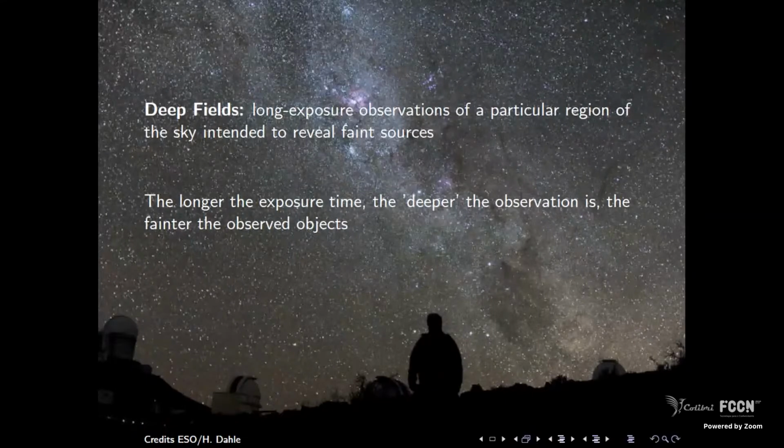Deep fields are long exposure images that are intended to reveal faint sources. Basically, you point the telescope to a region of the sky where there is no visible light, and you let it stay there for a lot of time, and then faint sources start to appear.